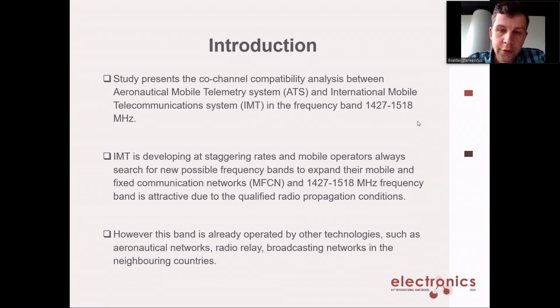It is important because this frequency band is quite favorable regarding radio propagation conditions for fourth and fifth generation mobile networks. That's why in this frequency band we also have other systems working, such as aeronautical networks, radio relay networks, broadcasting networks, and other possible systems.